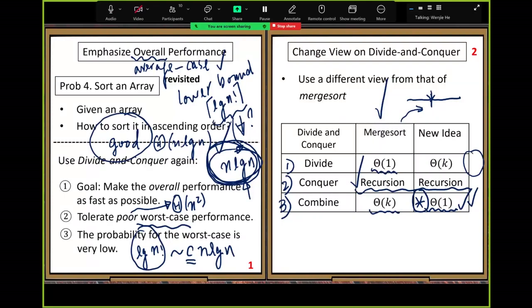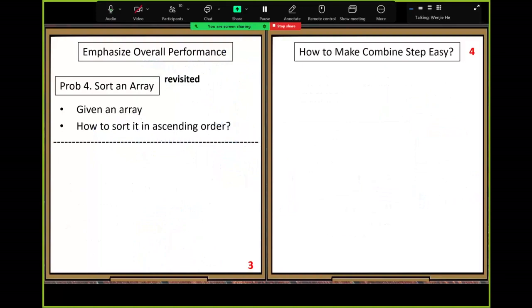All right. How to achieve this design goal? Let's look at the next few slides. So this is the quicksort idea: how to make the combine step easy.